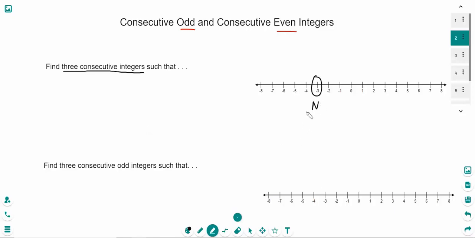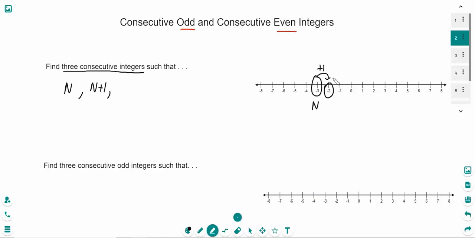This is our number. And if we're trying to find the next consecutive number, we take this number and we simply add 1 to it, right? -3 plus 1 is going to give us the next consecutive integer. So if n is our first integer, then n plus 1 is going to be our second integer.